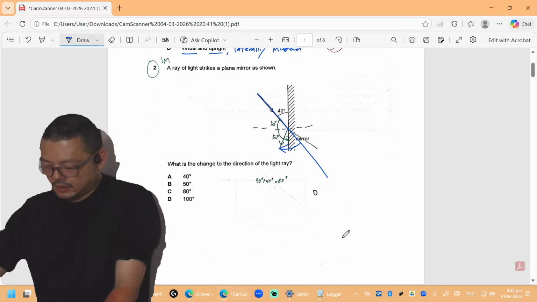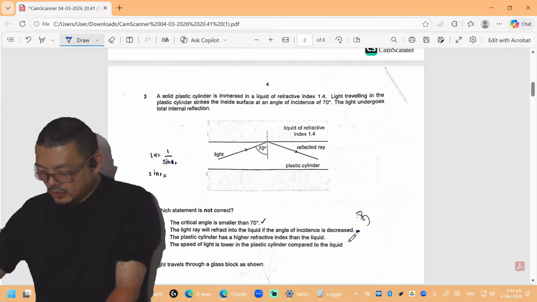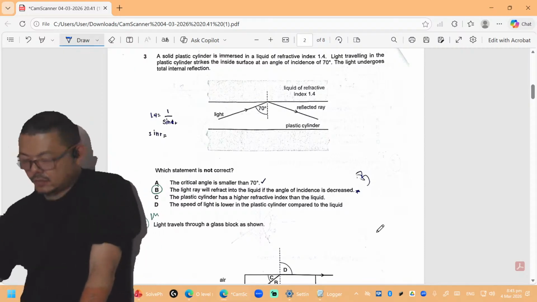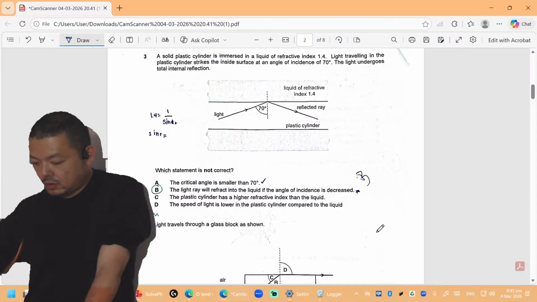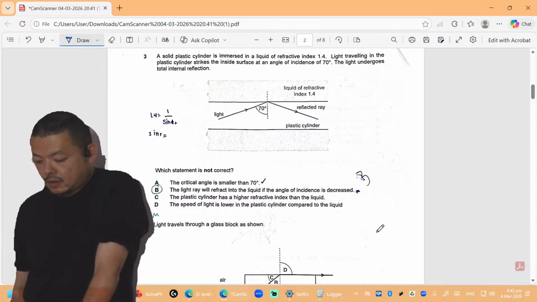This is not TIR. So that one, you understand that. For this one, the answer is because everything else is wrong. But they said this one is also quite wrong and correct at the same time.